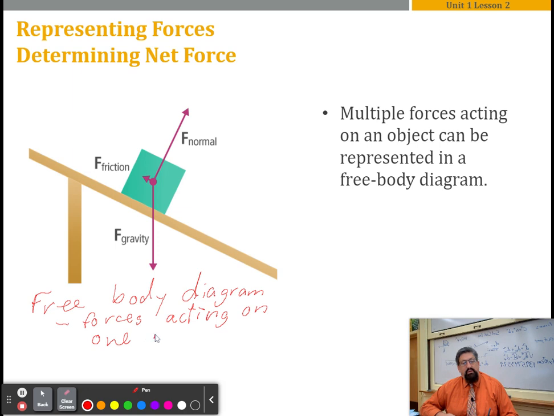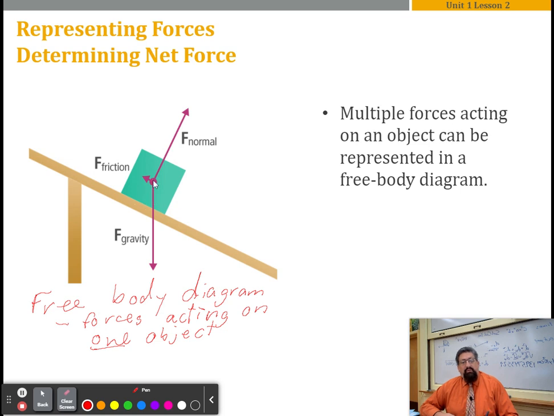And that's important. If you wanted to show the forces acting on the table, you would draw a separate free body diagram. So a free body diagram shows all the forces acting on one object, and that helps us because now we can add these vectors together and find out what the net force on this box is.